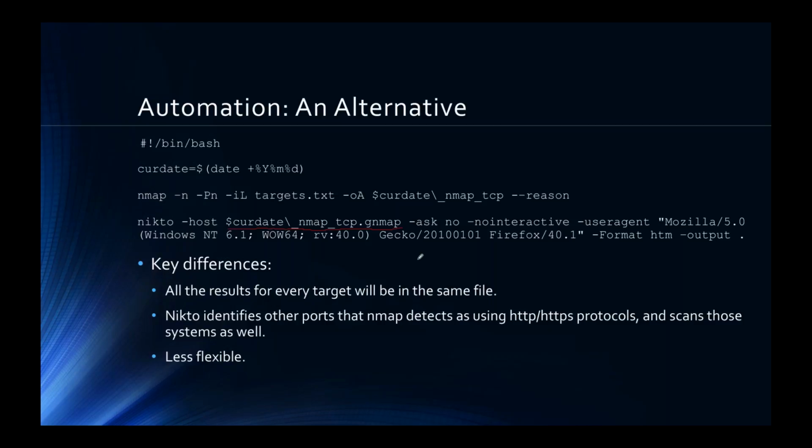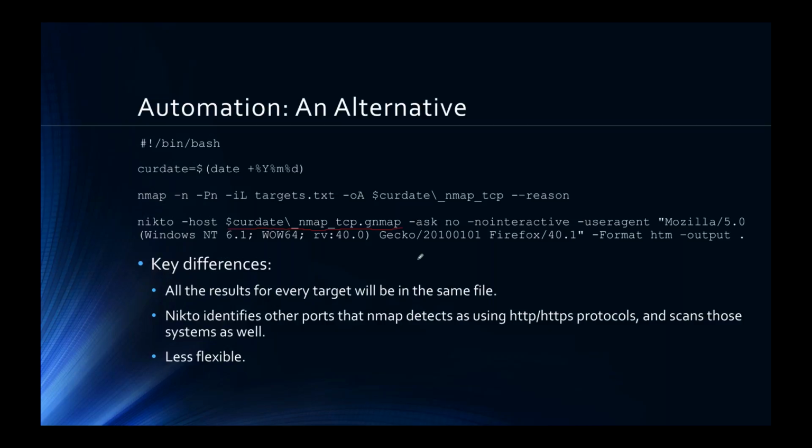It also isn't limited to port 80 and 443 any longer for its scans, right? So now it'll go in and find any of the ports that Nmap identifies as using HTTP or HTTPS and those associated ports, and go ahead and set those up as targets for what it's going to scan.